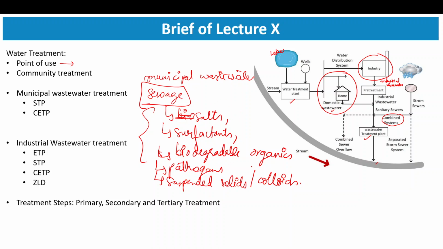So only one wastewater treatment unit will be provided for that, and every district has that. It is nothing but known as a sewage treatment plant, STP, or common effluent treatment plant, CETP.